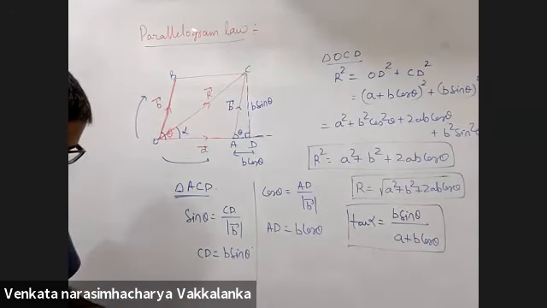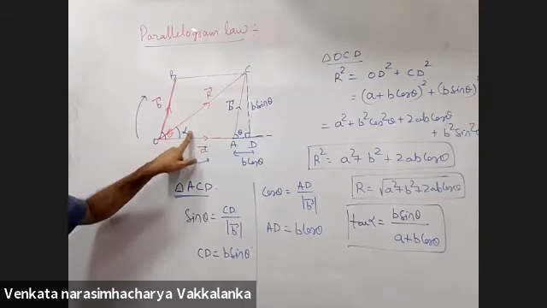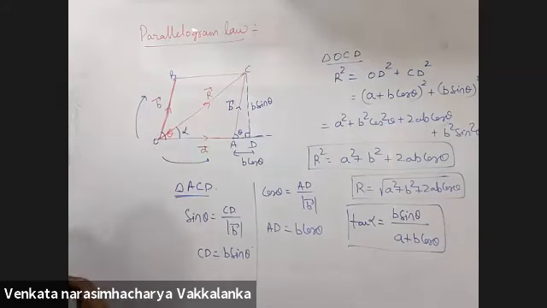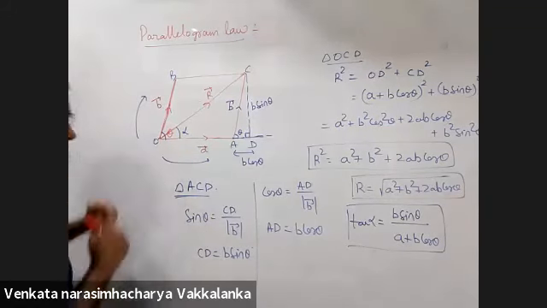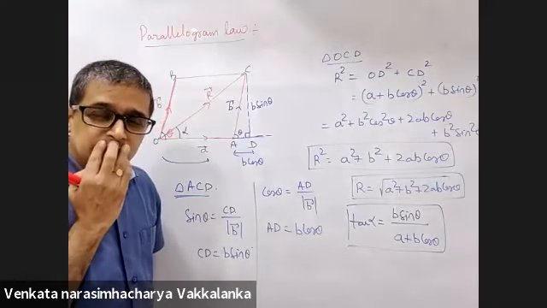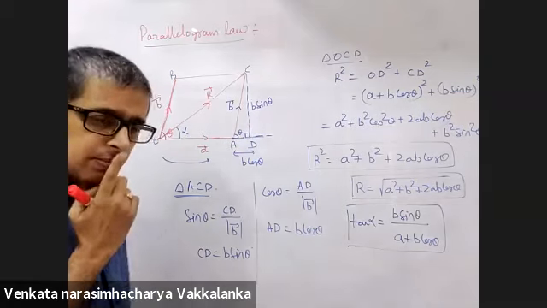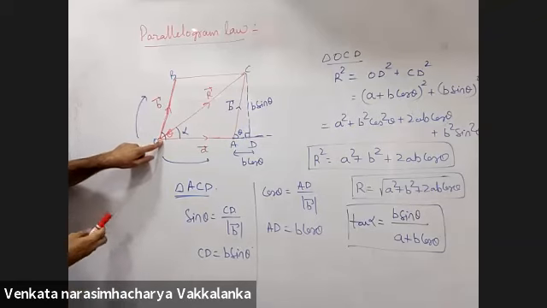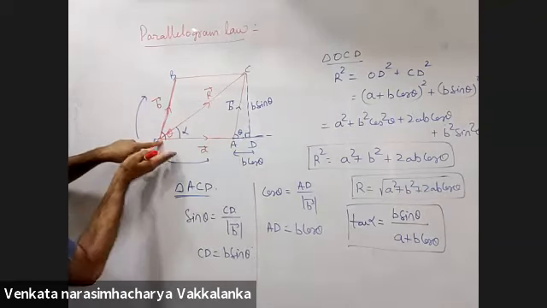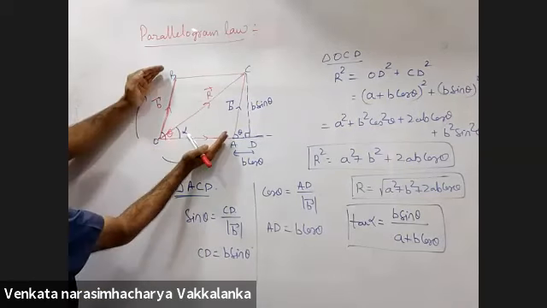Sir, I didn't understand how to find the direction, whether alpha is clockwise or anti-clockwise. Direction of what are you asking? Sir, like OB, how to know if it's in a clockwise or an anti-clockwise direction? From this point, to draw A, you are going anti-clockwise. To draw B, you are going clockwise.